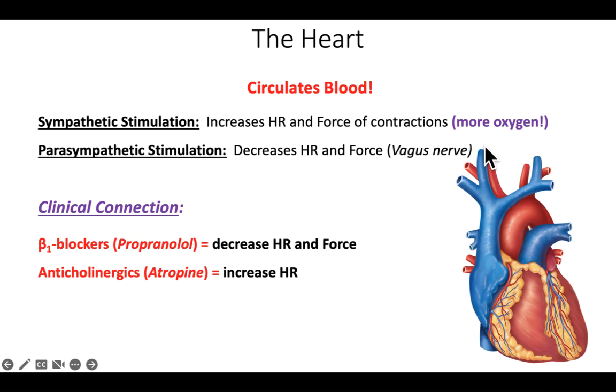The beta receptors are going to respond to the sympathetic stimulation. So let me remind you, your heart has beta adrenergic receptors that get stimulated by the sympathetic neurons and the epinephrine, norepinephrine in your blood. And then the heart also has acetylcholine receptors for the vagus nerve.